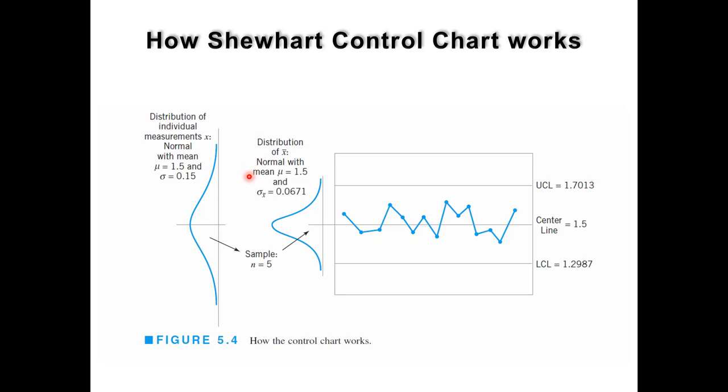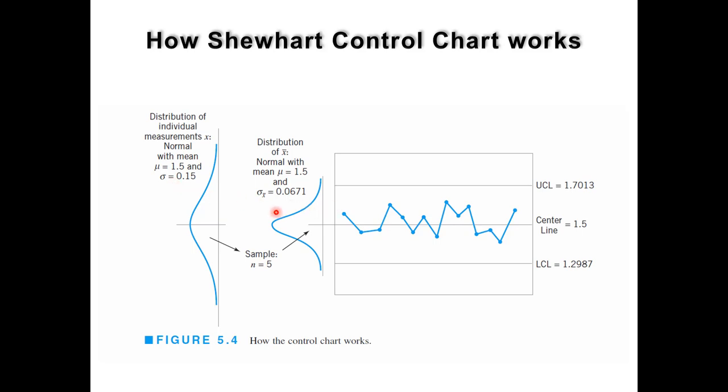The mean value will be exactly the same, but the dispersion, the standard error, will be much reduced compared to the standard deviation of the individual data.